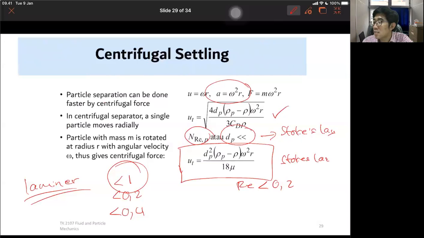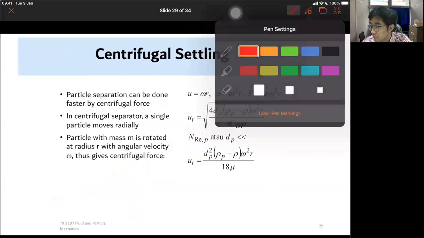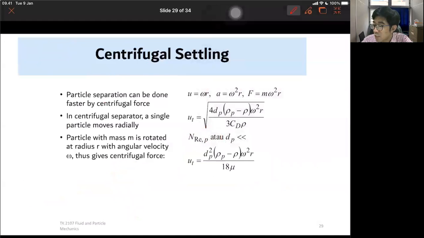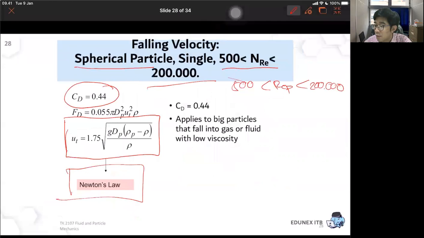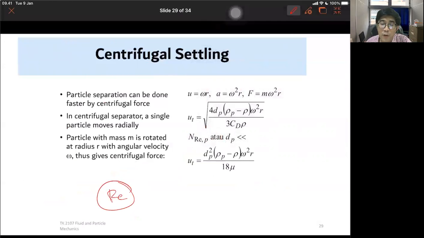it depends on the case, because the special case is only when the Reynolds number is very low or the Reynolds number is at the point where the drag coefficient is constant.